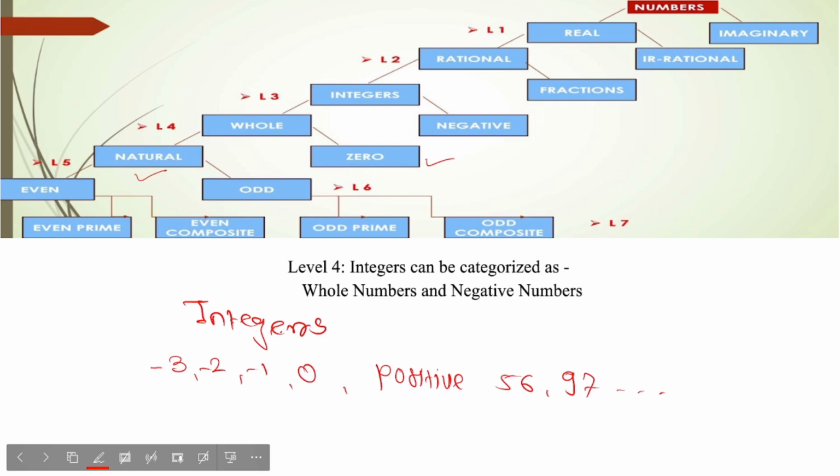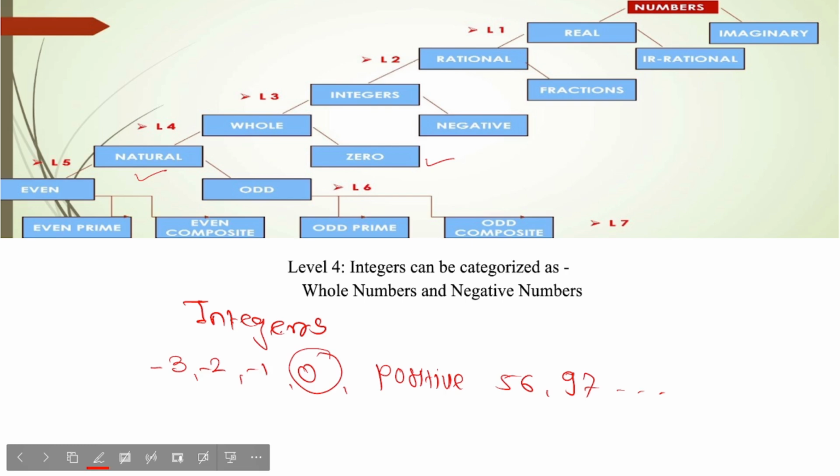So what is 0 and what is a natural number? What is 0? The answer is simple. This is 0. Do we call everything else a natural number? Yes, every other thing is a natural number here. So let's conclude level 4, which is a division of whole and negative first, and then whole gets categorized into natural and 0.